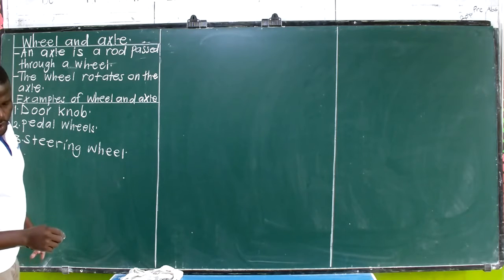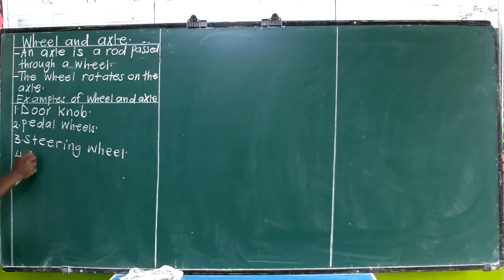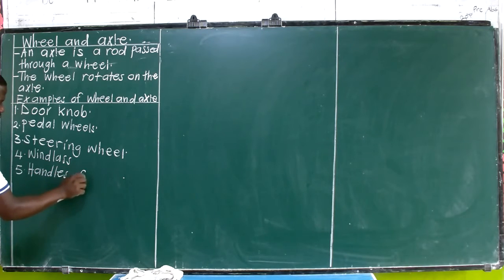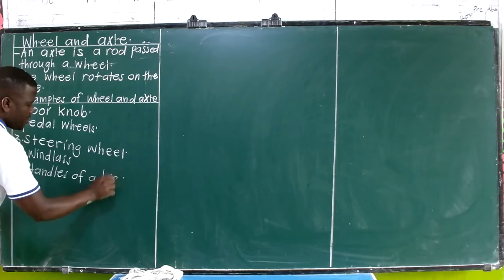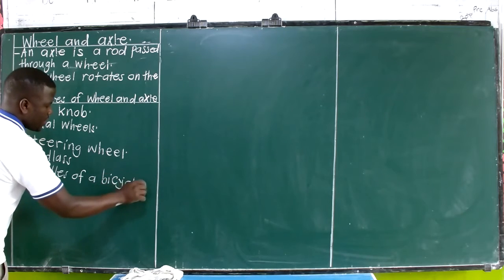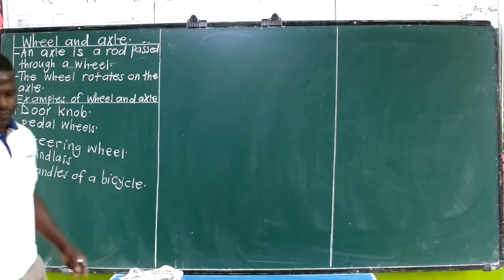Number four, we have windlass. We have handles of a bicycle.